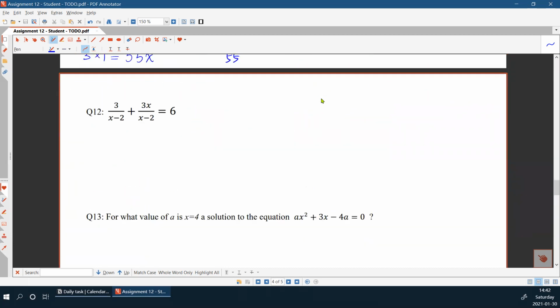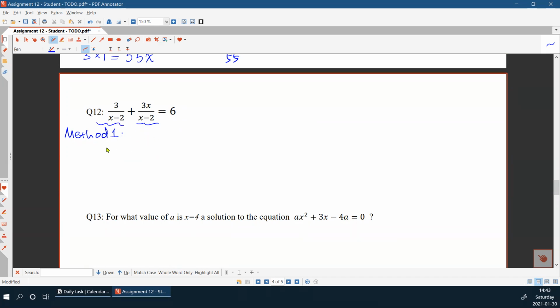Okay. Question 12, actually, we have several ways to solve it. Okay, let's see method 1. Note that you have 3 over x minus 2 and 3x over x minus 2, right? And again, here the two denominators are the same, so we can combine them directly.